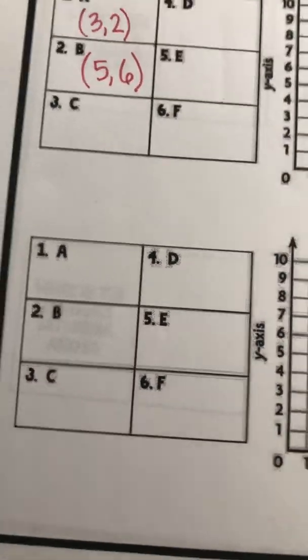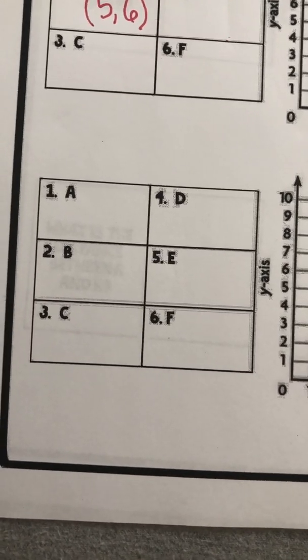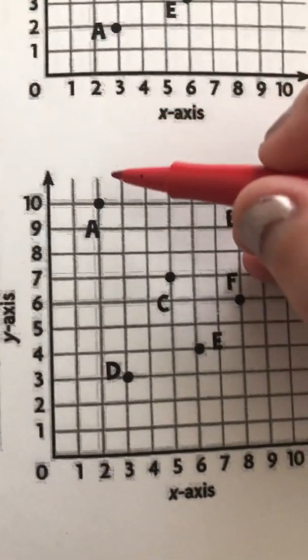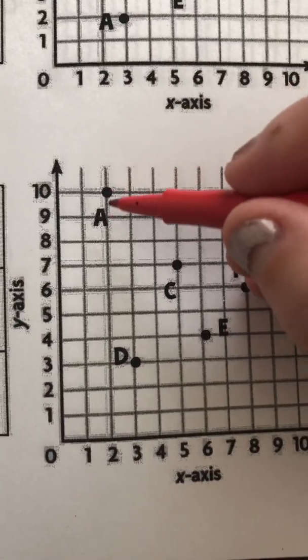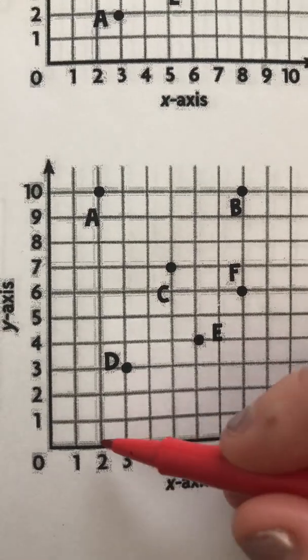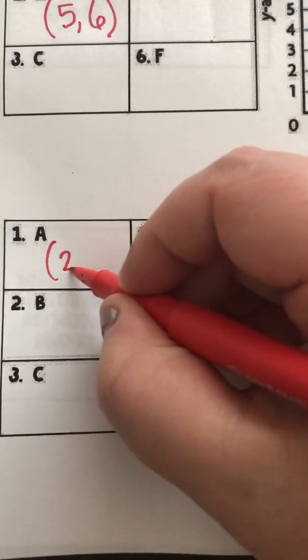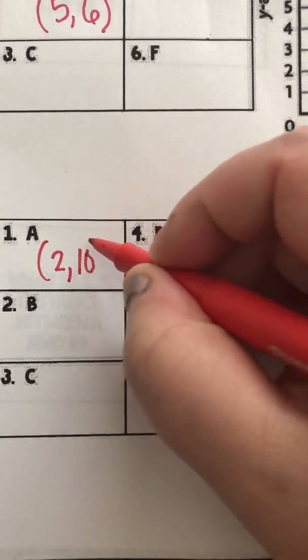So we're going to keep going. We're going to do it again with some new points. Here's A. X-axis first. So A is 2. Y is 10. So (2, 10).